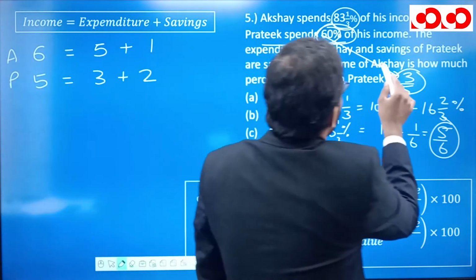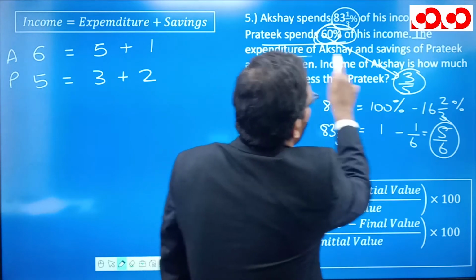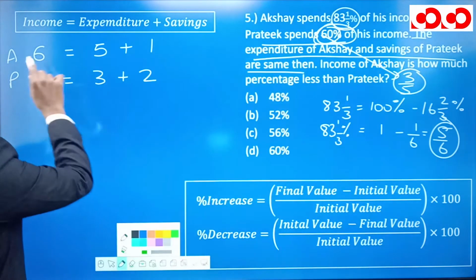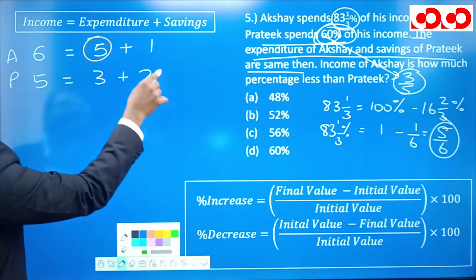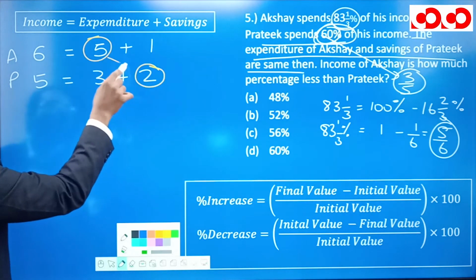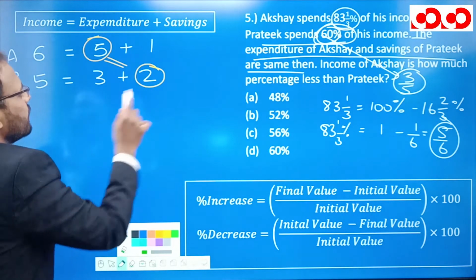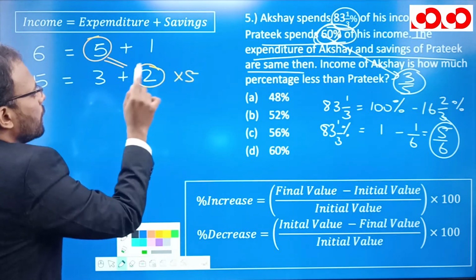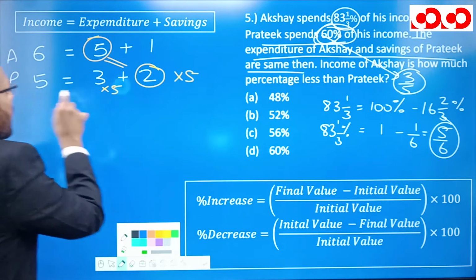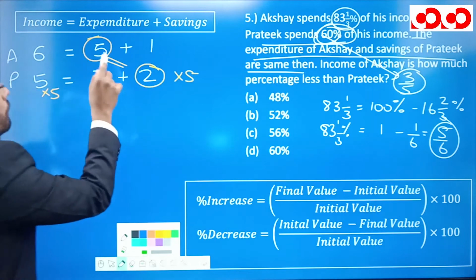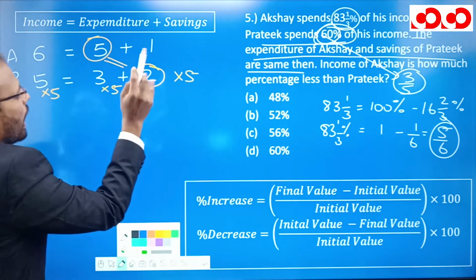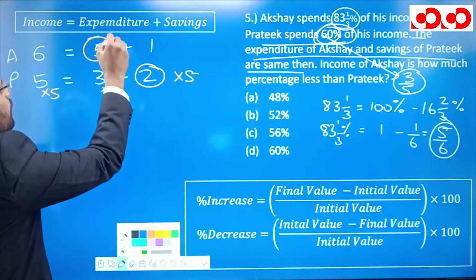Now, it is mentioned that the expenditure of Akshay and savings of Pratik are the same, but here they are different. So to make it the same, I'll multiply by 5 over here. If I'm multiplying 5 here, I should multiply 5 here. And if it is equal, then if I have made this 10, this should also be 10. I'll multiply 2 here.